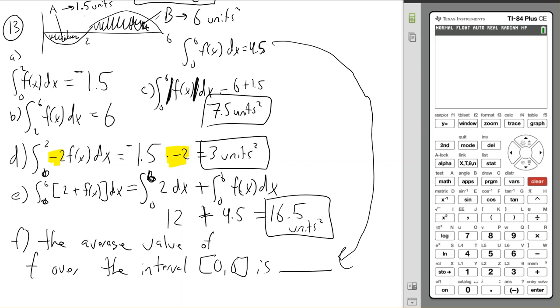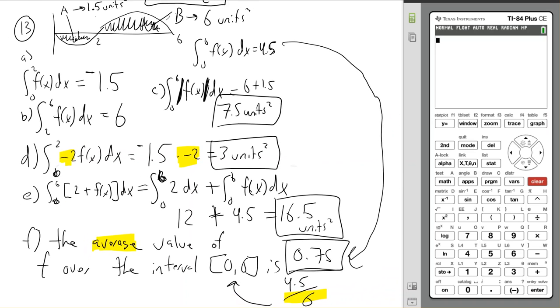Right, 4.5. And then what did we have to do to change it from total area to average area? Divide by 6, because that's like how many horizontal units you have, just like you do with normal averages. So 4.5 divided by 6 for me would be 0.75. Yep.